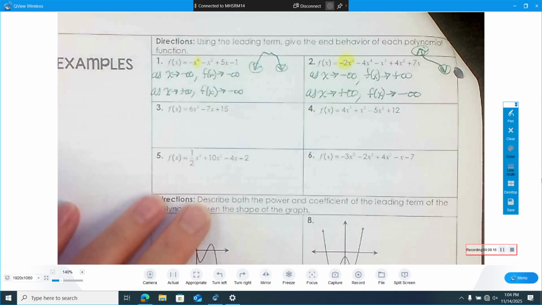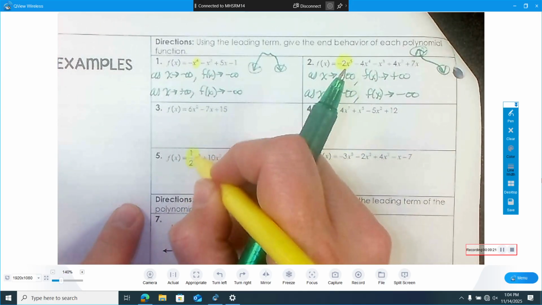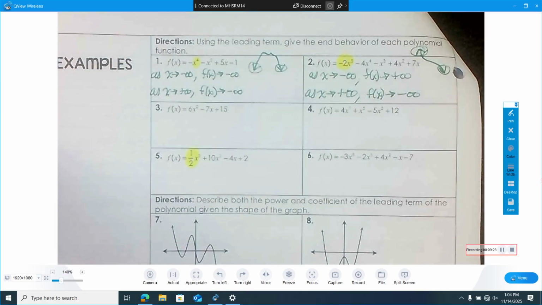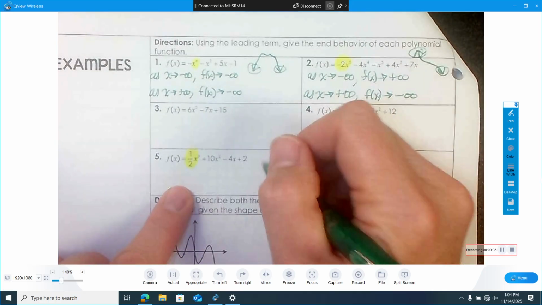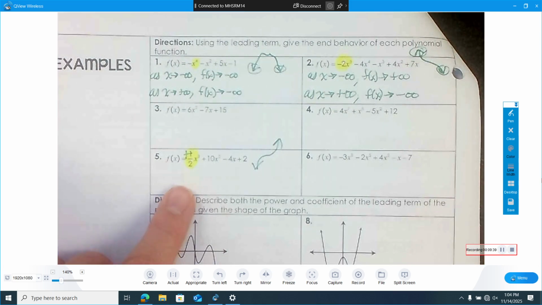Let's look at number 5. Number 5, our leading term is 1/2 x cubed. Is it even or odd? Odd. So we have odd arms. Is it the uphill arms or the downhill arms? Uphill arms, yep. Starts low because it is a positive leading coefficient.